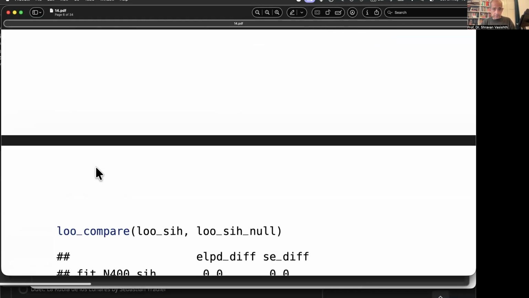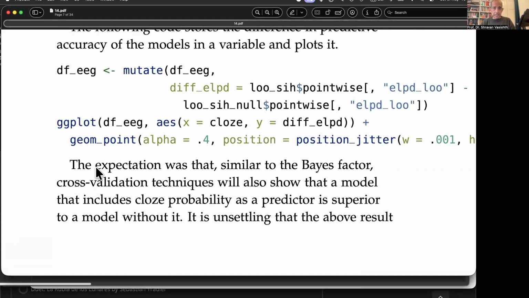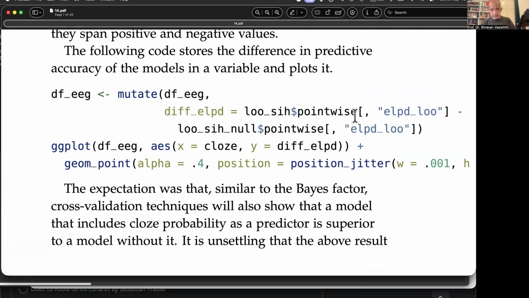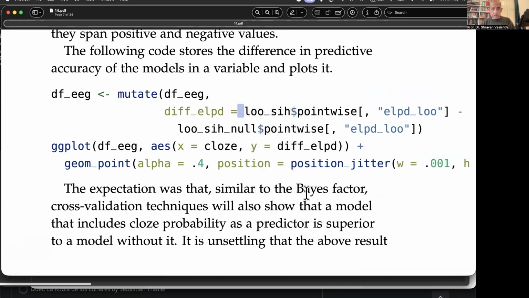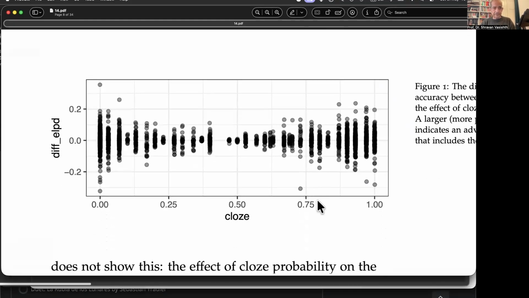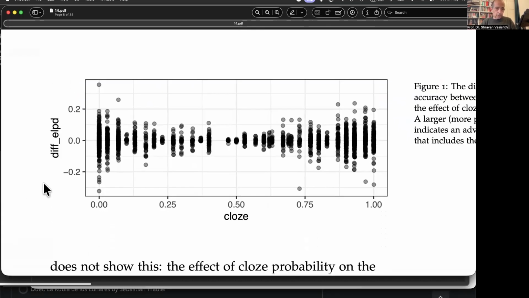So you can plot those against the null model's pointwise ELPDs. Here are the pointwise values that I'm extracting from the full model versus the null model, and you can look at the difference between the two in a plot that looks at the effect of the different values of cloze that you have in the data set. On the y-axis you're seeing the difference in the ELPD values.